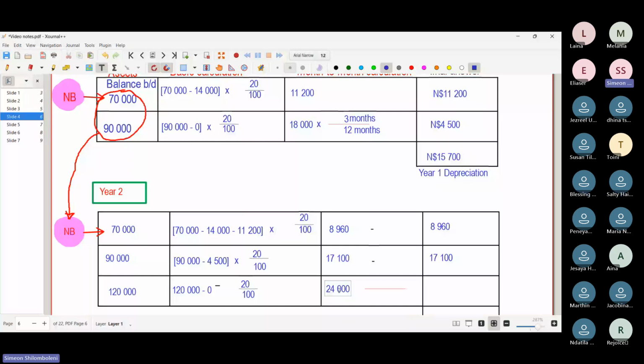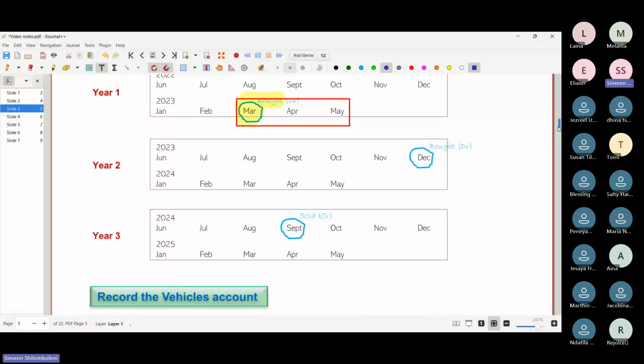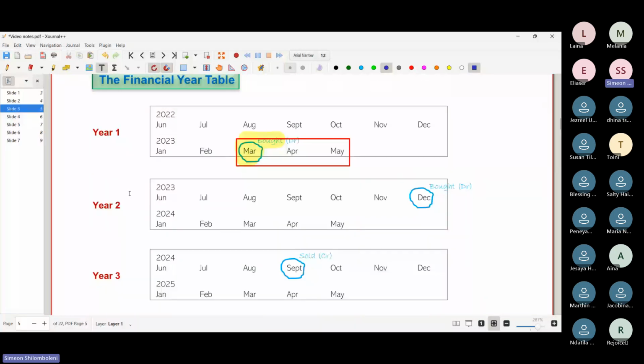This one was not in the business for the full year. This is now where you will come and say month-to-month calculation. Because it was not in the business for the full year, we check this financial table. Never forget to do it in the exam. It will take you even 5 minutes, but it's very important if you want full marks.